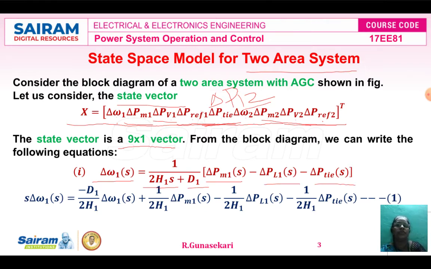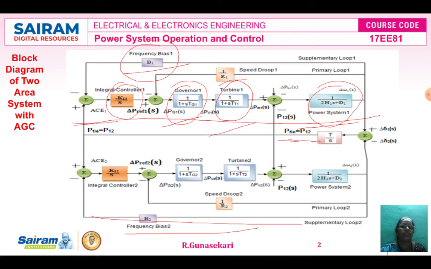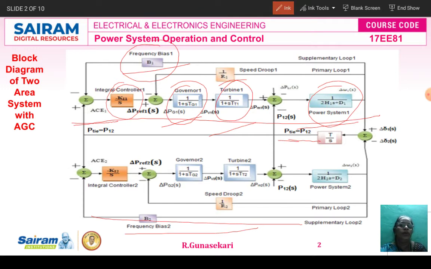Now you see the diagram. From this one I have to explain. Here this is the del omega 1 of s. The del omega 1 of s equals what? 1 divided by 2H1s plus D1 into del Pm1 of s, then minus del PL of s, this is the external input load, then minus del P tie of s.